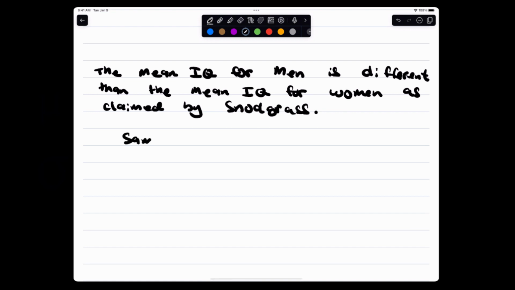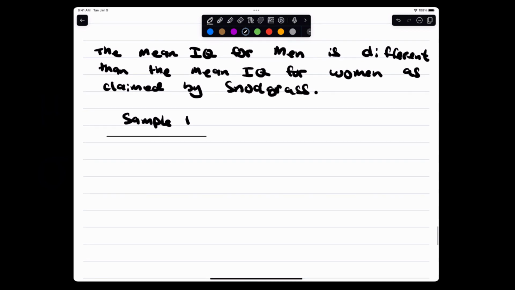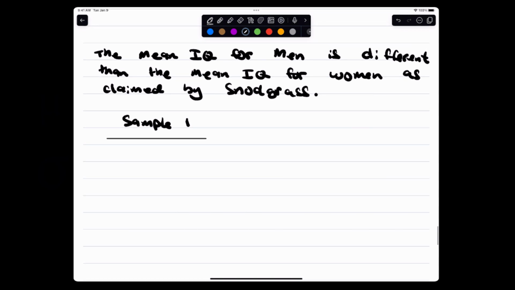Now, the first sample, we're going to give it to you this way. And that's going to be for men. Well, the mean IQ for men is different than the mean IQ for women. Okay. So this is the men. They're going to give you a sample size like 50.